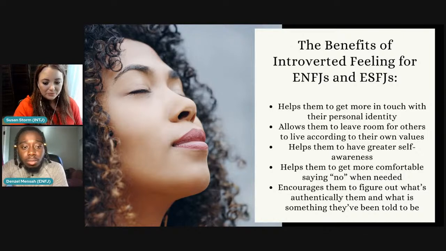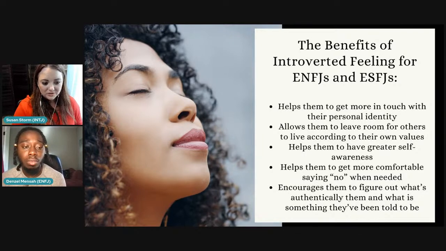When they integrate introverted feeling, they become more conscious of who they are outside of what everyone else expects them to be, outside of what everyone else wants. So extroverted feeling, when it becomes overinflated, can become very people-pleasing, very codependent, so focused on what everyone else needs that they lose themselves in the process.